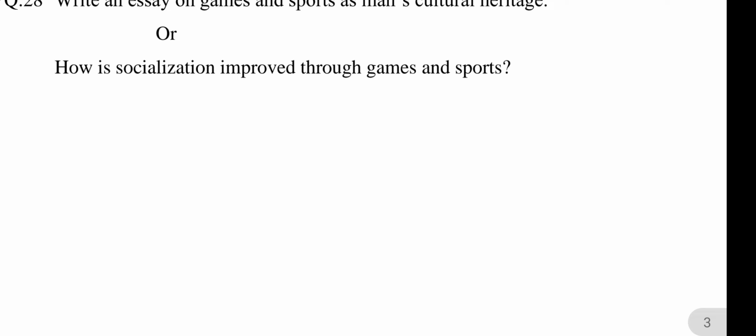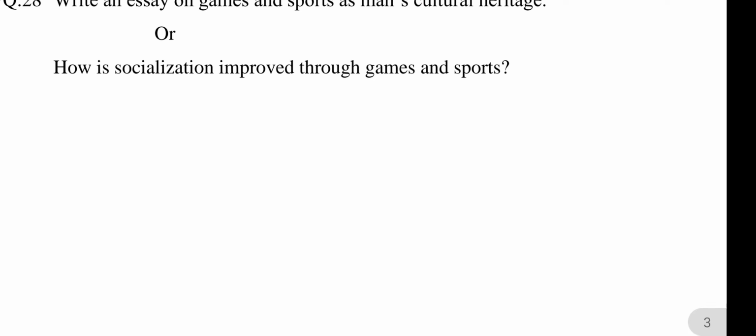Number 1, cultural heritage of Greece. 2, Rome. 3, Germany. 4, Sweden. 5, France. 6, China. 7, Japan. 8, America. 9, India. 10, England. Explain all these points in 4 to 5 lines.